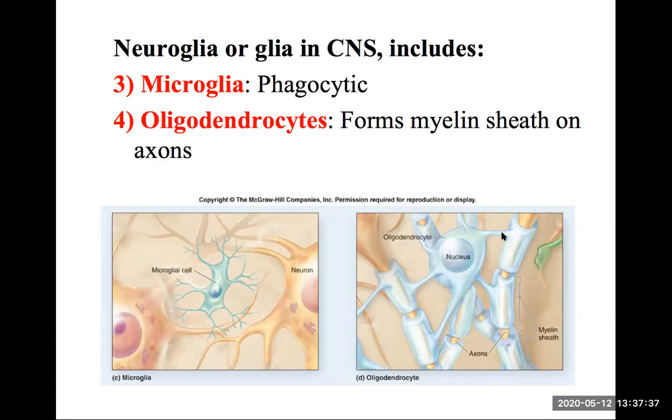Okay, so you can see it sort of reaches out and then deposits a layer of what's called myelin. Now, myelin is a fatty material, so it's primarily lipid, okay, and it surrounds axons, and this myelin sheath is going to help the action potential to travel faster down the length of the axon.